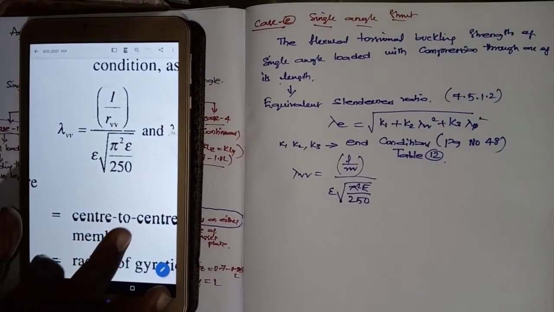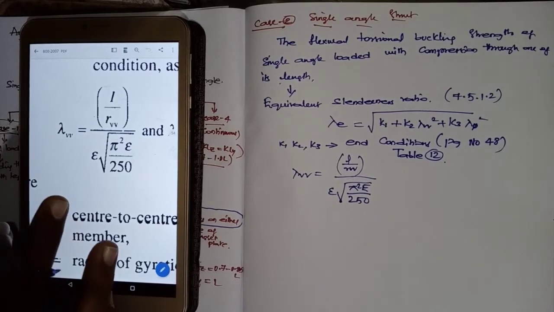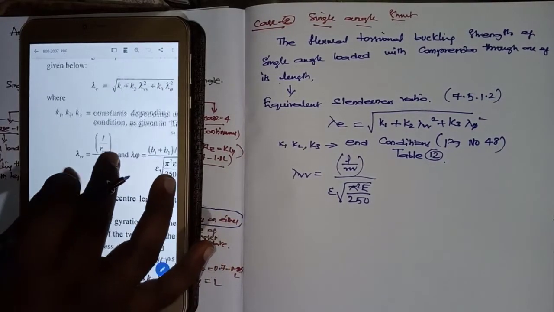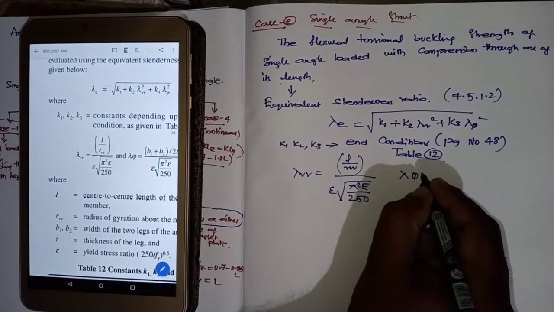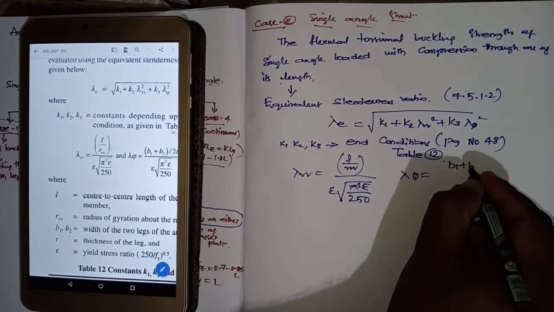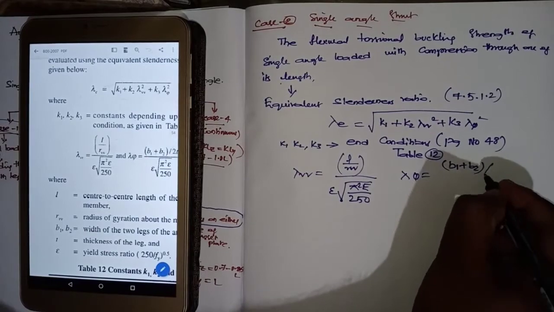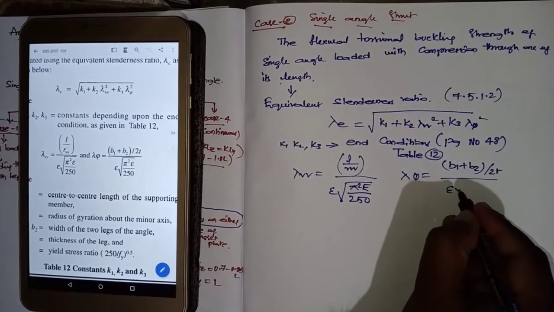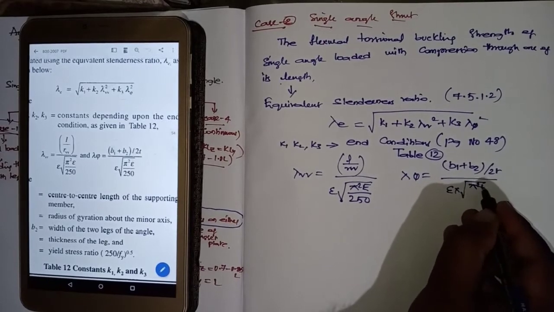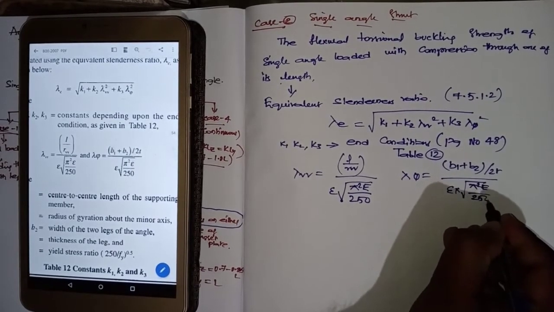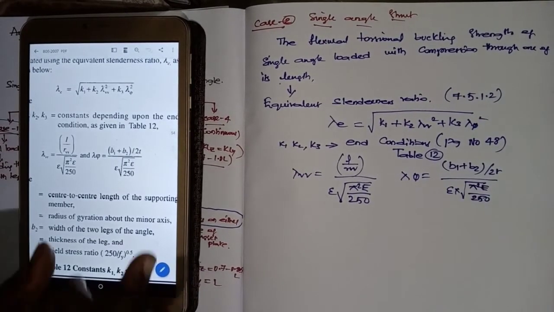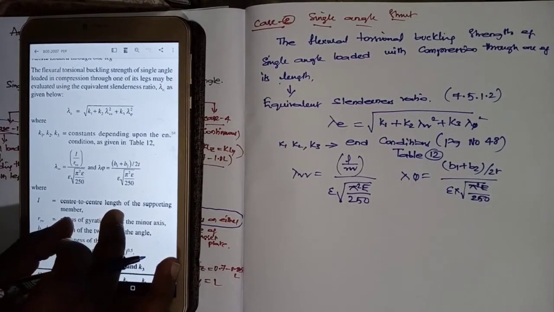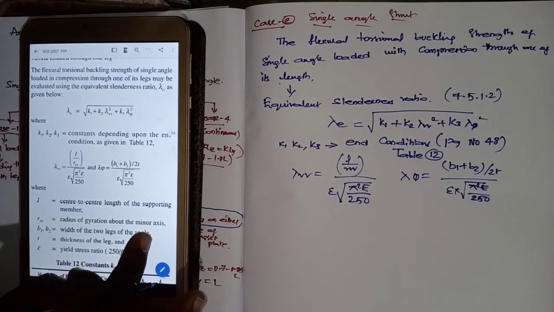In this revised version you got E here. Next, what is lambda phi equals to? B1 plus B2 by 2T by epsilon into under root of pi square E by 250. Now L is nothing but the center to center of the supports, and R is the radius of gyration about the minor axis.